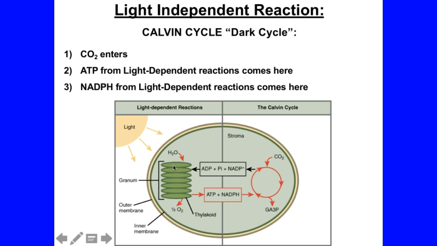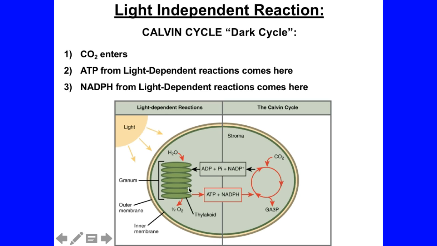And then finally we had the huge influx of hydrogen ion concentration inside the thylakoid lumen, or that space in the middle. That pumped hydrogen ions back out into the stroma, which is the liquid-like fluid on the outside of the thylakoids. When it did that, it pumped them out through ATP synthase, which created ATP.